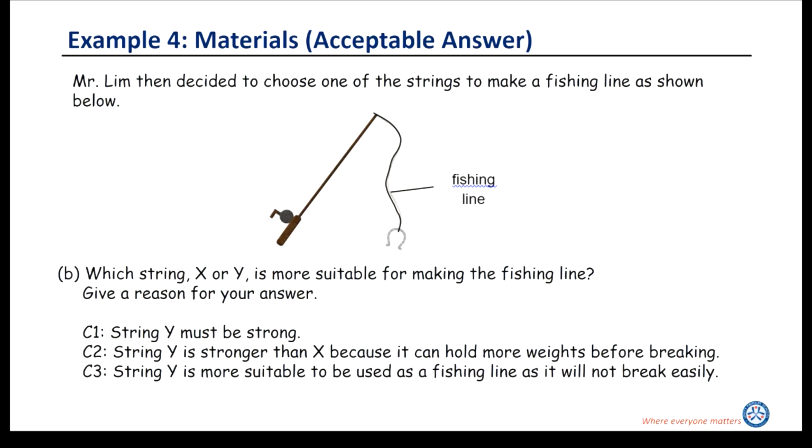For C2, string Y is stronger than X because it can hold more weights before breaking. And for C3, string Y is more suitable to be used as a fishing line as it will not break easily.